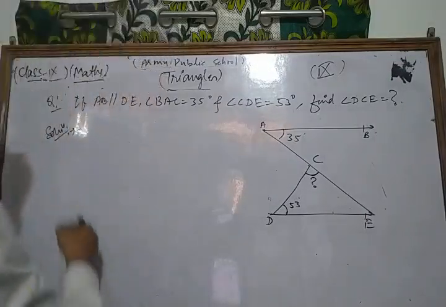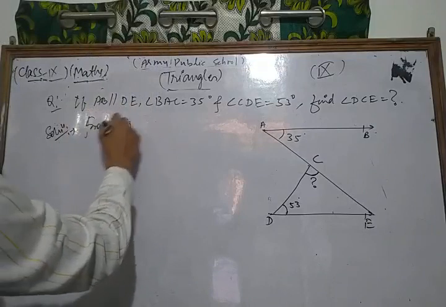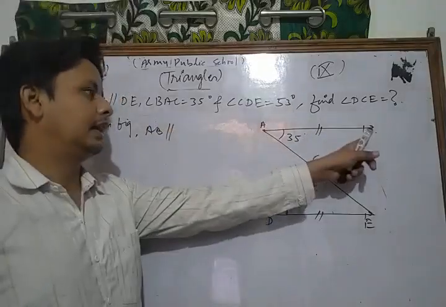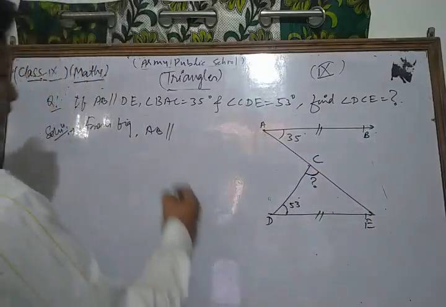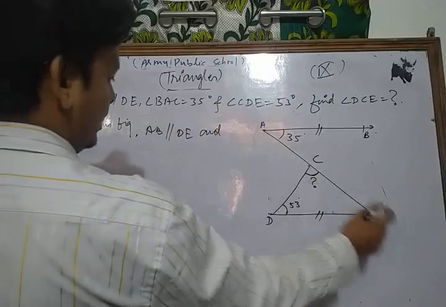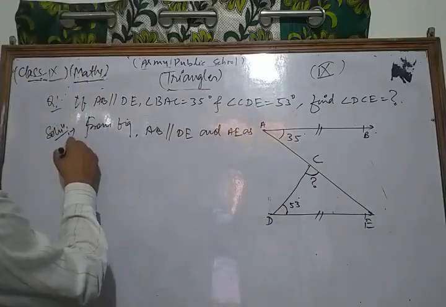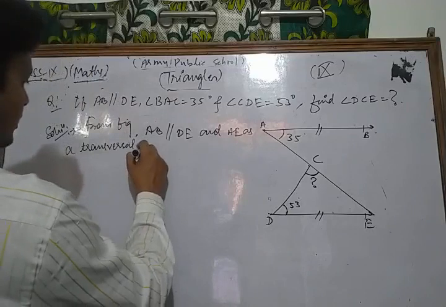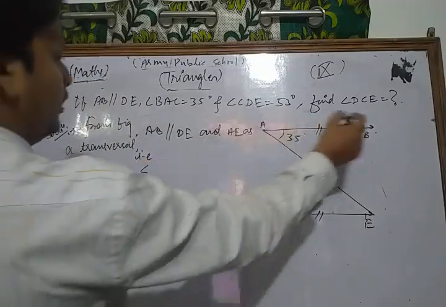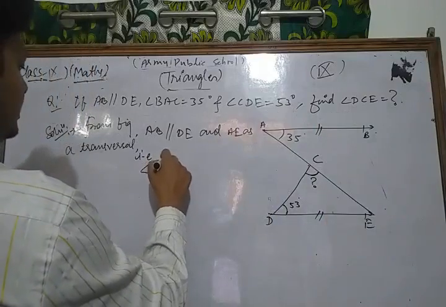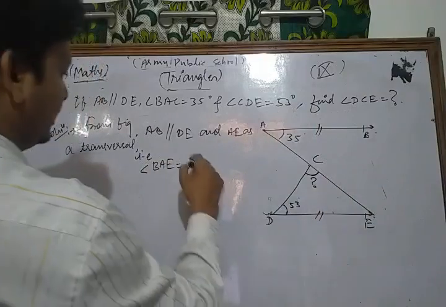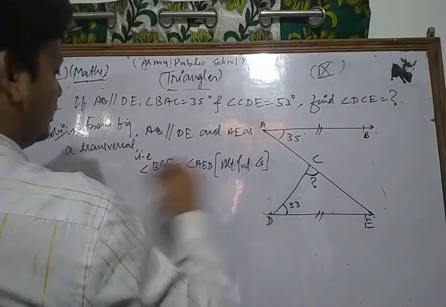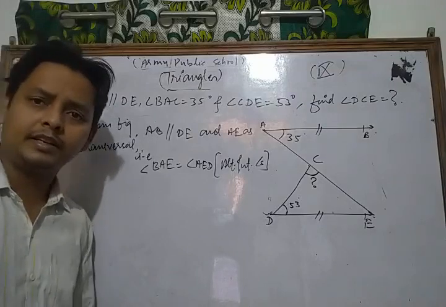Dear friends, since from the figure AB is parallel to DE, and AE is a transversal, angle BAE is equal to angle AED, because these are a pair of alternate interior angles.